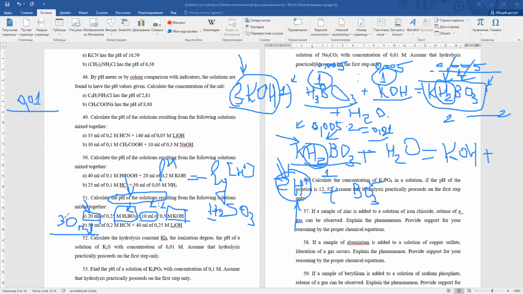Where does this 0.03 come from? Okay. And then you can calculate. Divide 0.01 by 0.03 and then find the logarithm and tell me the answer.